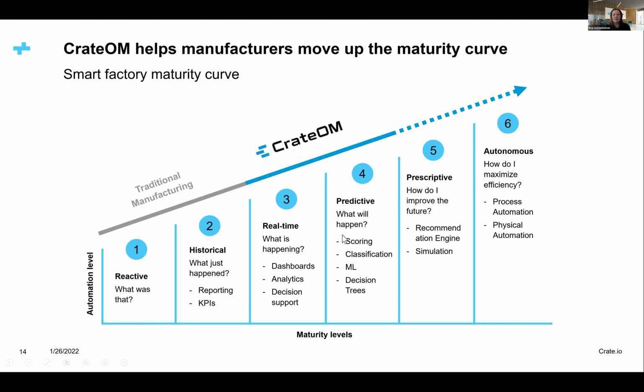I think everybody knows the smart factory curve and path. We're really starting at the third level here, where you get real-time information, and not only real-time but also predictive information.